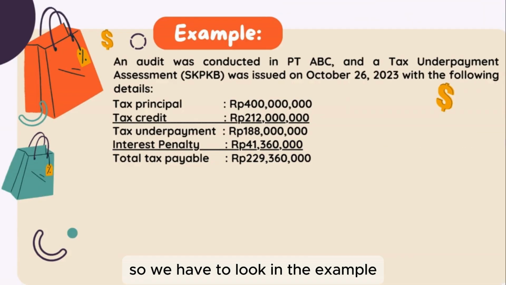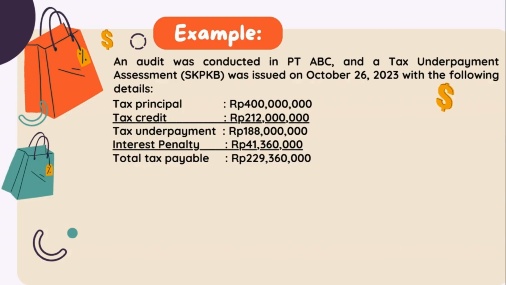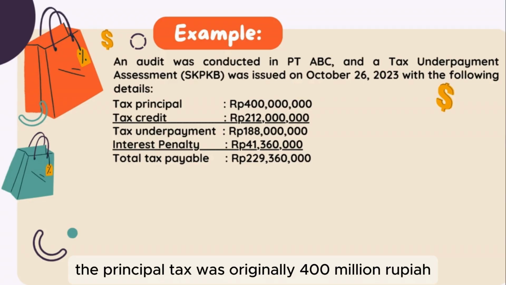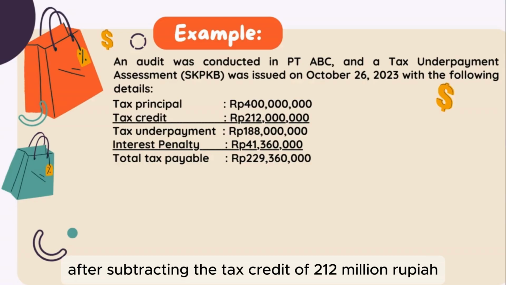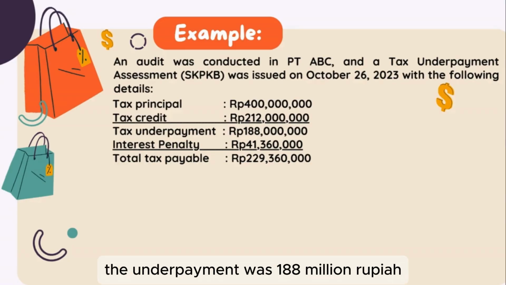So we have to look at the example. In this example, the principal tax was originally 400 million rupiah. After subtracting the tax credit of 212 million rupiah, the underpayment was 188 million rupiah.